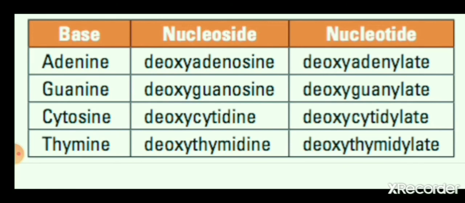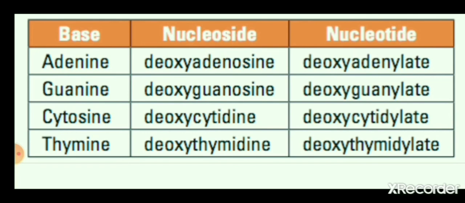Shortly it is called dAMP. In the case of guanine, it is called deoxyguanylic acid. In the case of cytosine, it is called deoxycytidylic acid. In the case of thymine, it is called deoxythymidylic acid. These will be present in the description area, you can go and see those there.